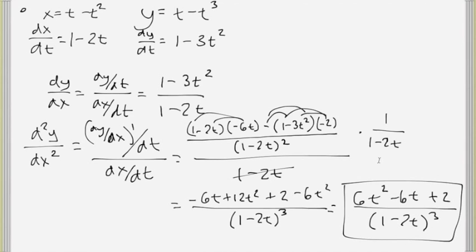Because notationally, I wrote it with a prime, but we've really just found d second y dx dt. We found the derivative of y in terms of t, and we divide that by a dx dt, which cancels those dt's and puts the dx's together to give us what we want.